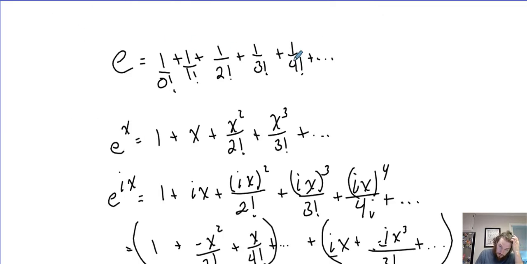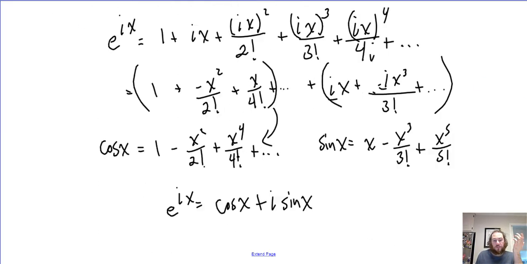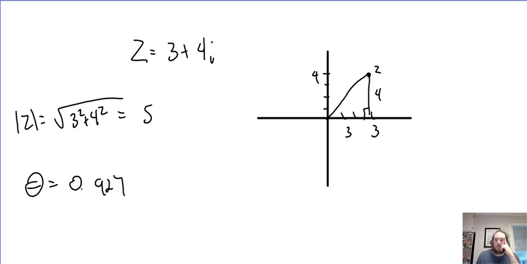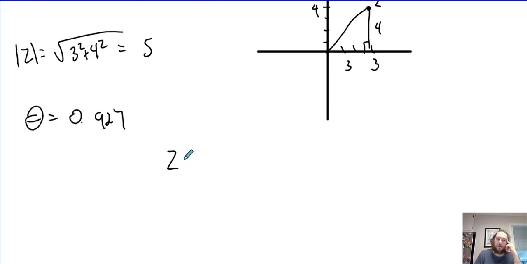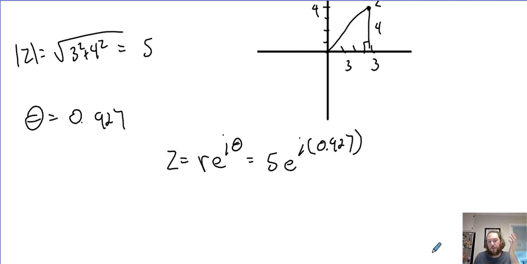Because we just proved, or we've shown here, that Euler's form and my complex form are basically the same thing. So what I can do now is write z in terms of r e to the i theta, or in this case 5 times e to the i times 0.927. So there we go.